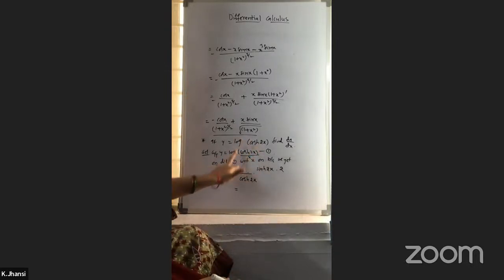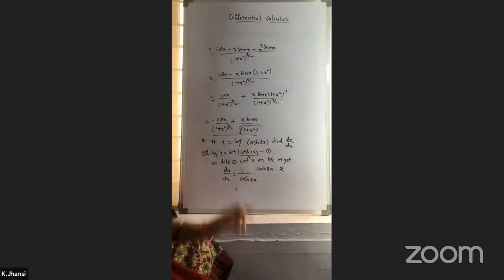Log of this whole thing you consider as x. So the differentiation of log x is 1 by x. But what is our x? x is cosh 2x. And again we will do the differentiation of x. So x means this cosh 2x, its differentiation is this one. And again instead of x we have 2x, so this differentiation is this one. This is the x differentiation, this is the 2x differentiation.